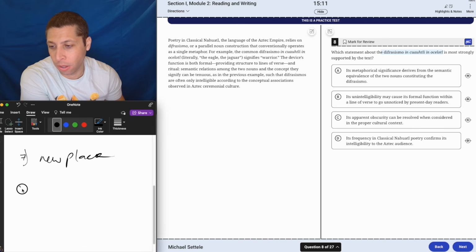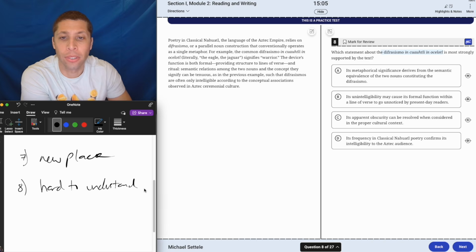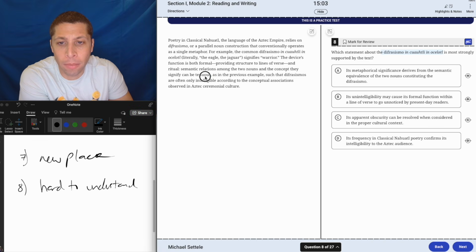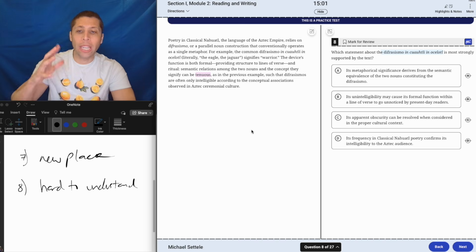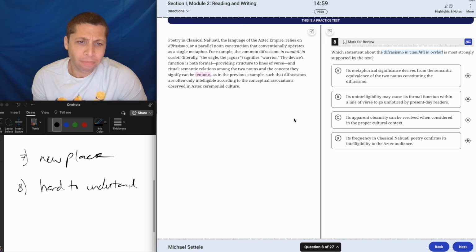Okay, so they're hard to understand, right? They use the word tenuous, right? Tenuous, meaning weak. Okay. Its metaphorical significance derives from the semantic equivalence of the two nouns, but it says that they're different, right? The relation is tenuous, so it's not equivalent.